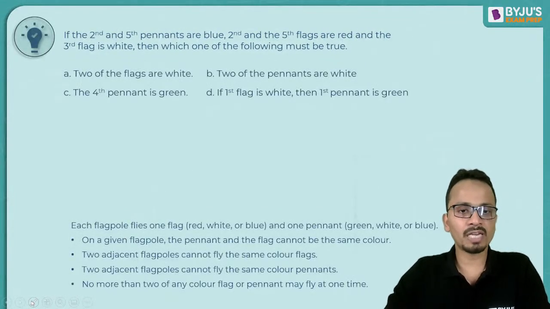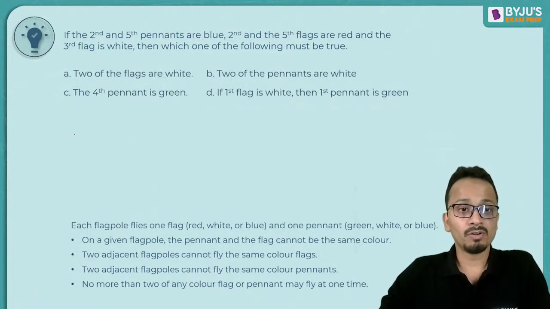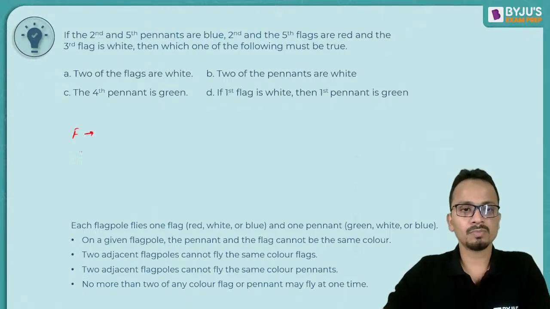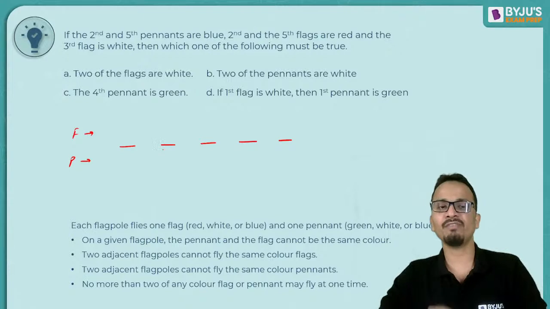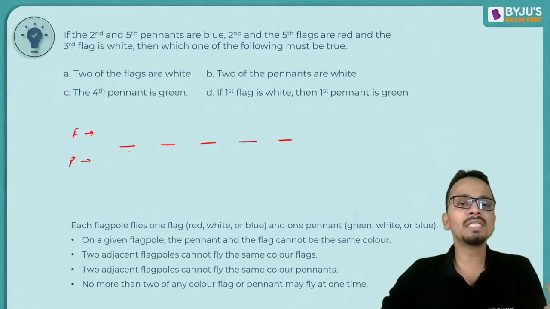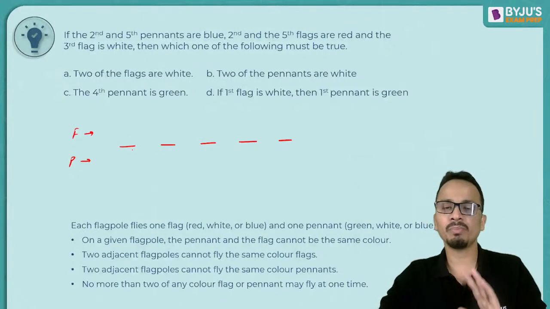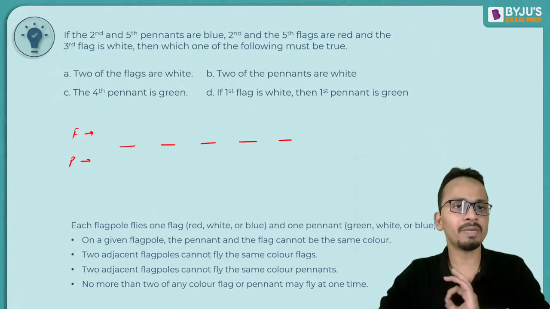Conditions are given as below. Okay. So color of the flags are red, white or blue and pennants green, white or blue. So let's say 1, 2, 3, 4, 5. These are the 5 flagpoles. ऊपर की तरफ मैं फ्लैग का कलर लिखूंगा एंड नीचे below that I'll write the color of the pennant.